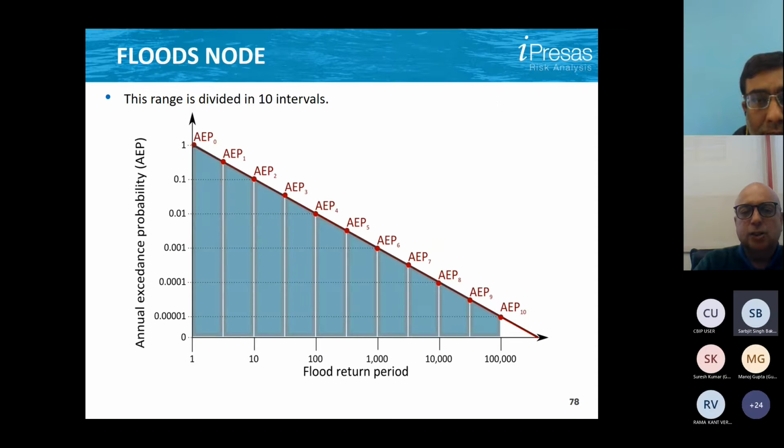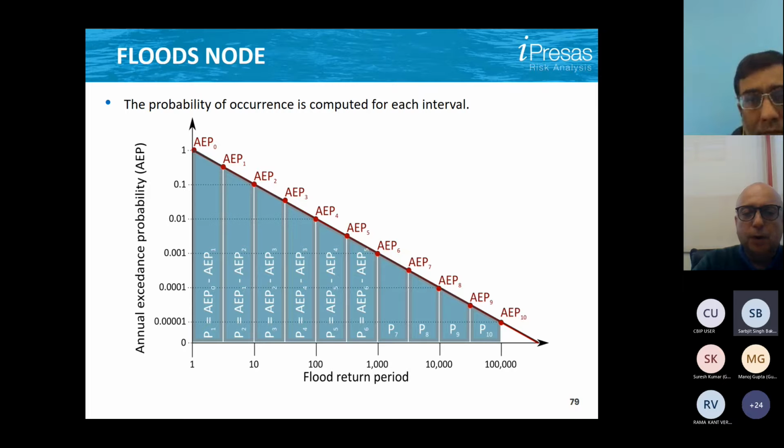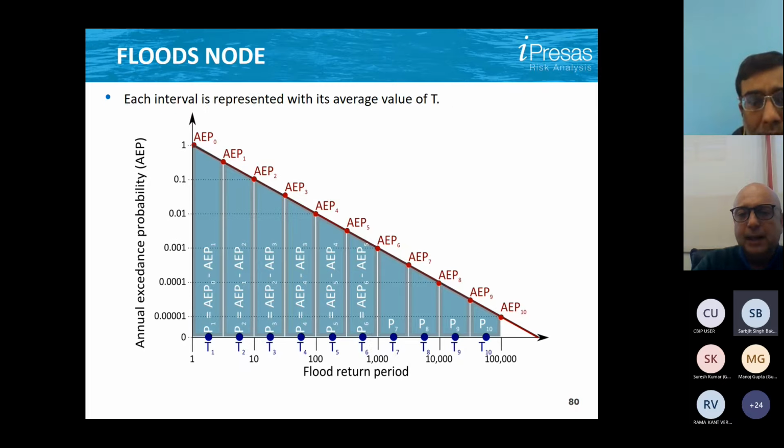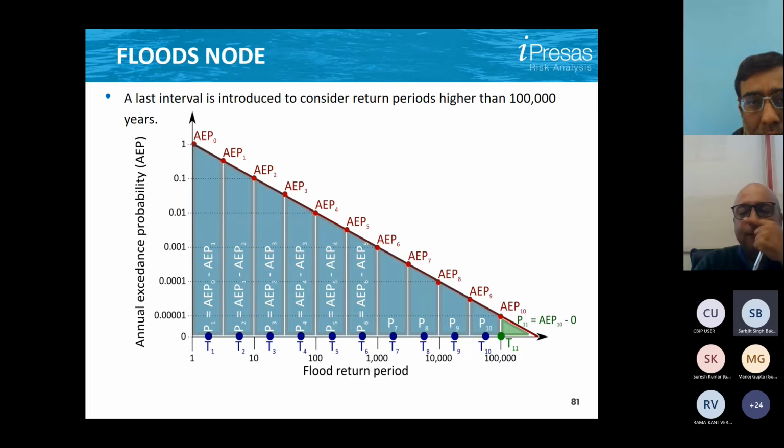That means the software is going to compute all these intervals, which I have there. You don't need to worry about this because the software will break the branches into a number of intervals, doing something like this. And for the last interval, whatever is beyond the 100,000-year return period, it will assume 1 over 100,000 years, which is 10 to the minus 5, as the remaining probability to the right.